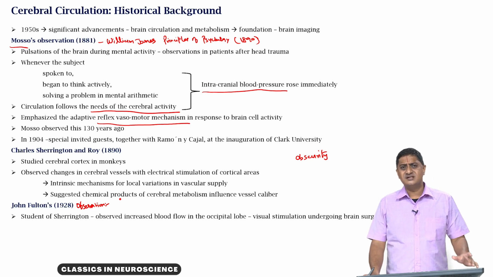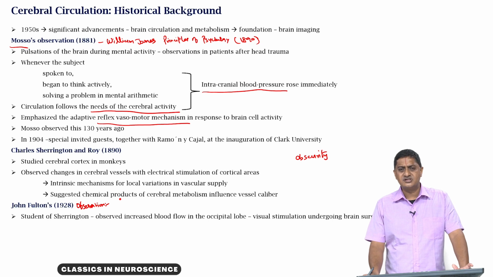All these early studies, Mosso's in 1880 to 1890, the 1890 study of Sherrington and Roy, and John Fulton's study in 1928, were in relative obscurity until they were revived by other scientists.